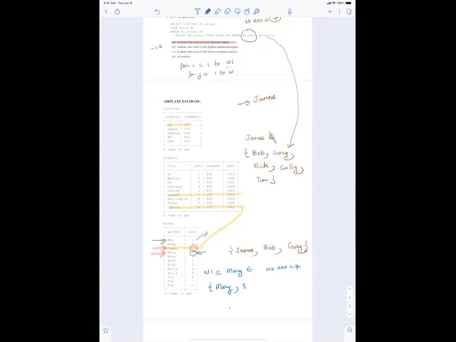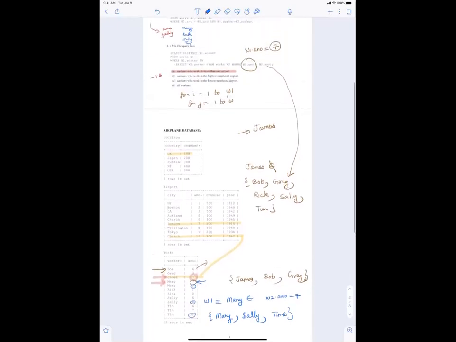Sally 8 is greater, and Tim 11 is greater. So Mary is an element of the second set, so Mary will appear in the output. The output for this will be exactly the same as this output. So Mary, Rick, Sally, and Tim will appear.